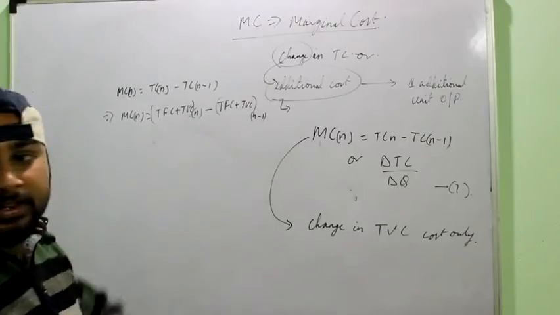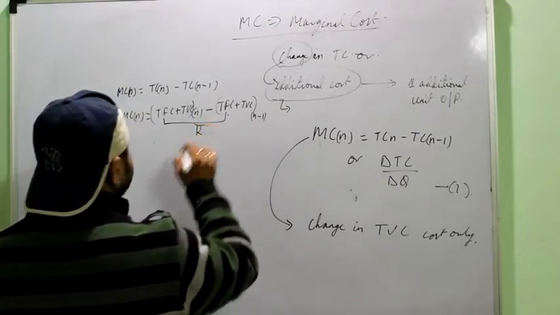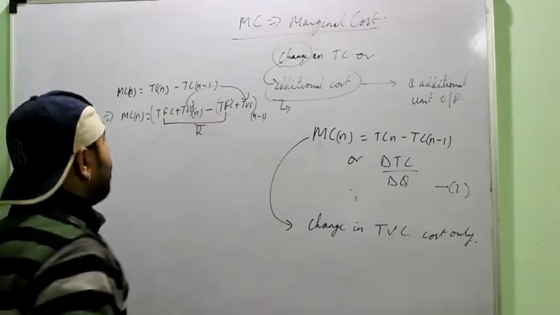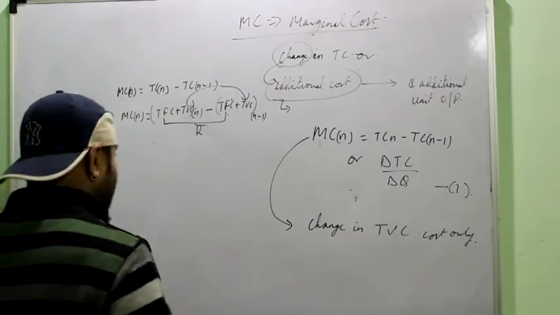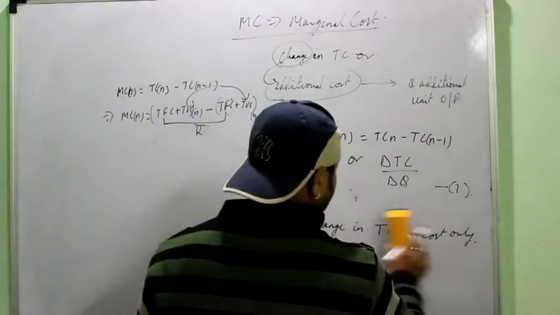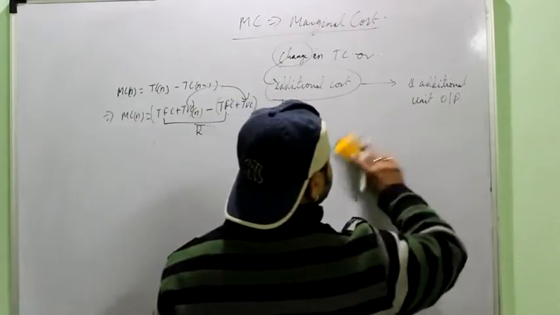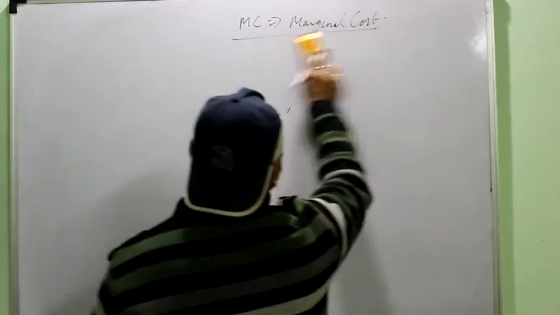Now see, in the short run this is the same, this is constant, doesn't change. So actually it is the TVC at n minus TVC at n minus 1. This concept also is important, you have to remember. It can be asked in a 3 to 4 mark question also, that marginal cost is the change in the total variable cost only. It may be asked in the form of true false.